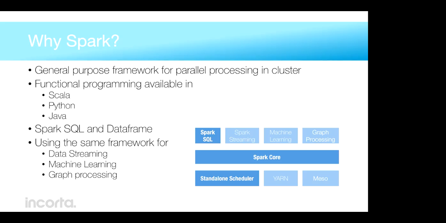Spark is different in that it has a very rich library for handling structured data, and it allows you to write programs in something called functional programming, which makes writing such programs much easier.